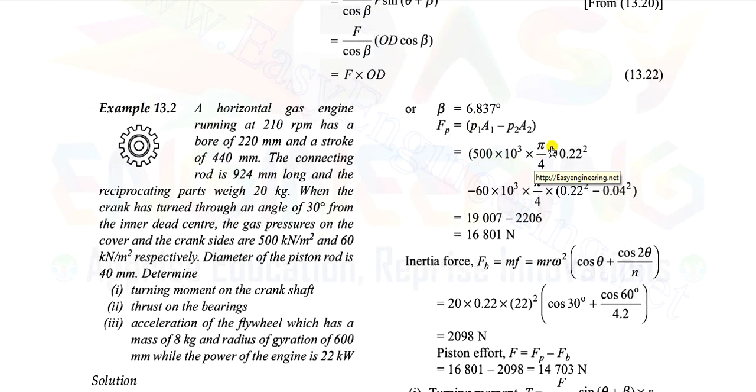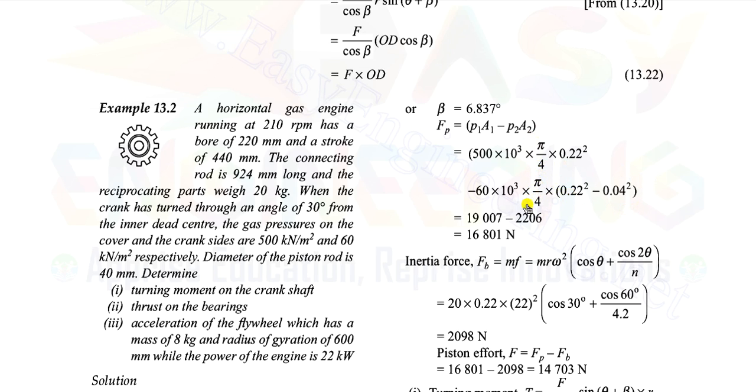This P1 into A1 is nothing but cover end area, which will be equal to the internal cross section area of the cylinder. Now minus P2 into A2.